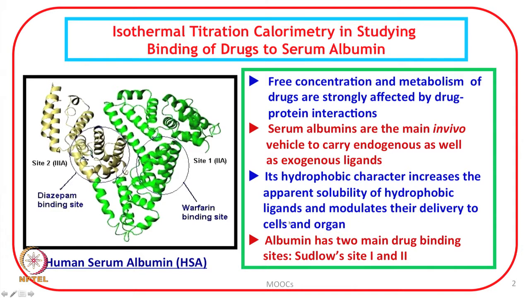But I would like to notice the last comment once again over here, that albumin has two main drug binding sites, Sudlow site 1, which is also known as warfarin binding site, and Sudlow site 2, which is also known as diazepam binding site, because warfarin and diazepam bind at these two sites respectively. These are the two main binding sites where a variety of drug molecules have shown association.